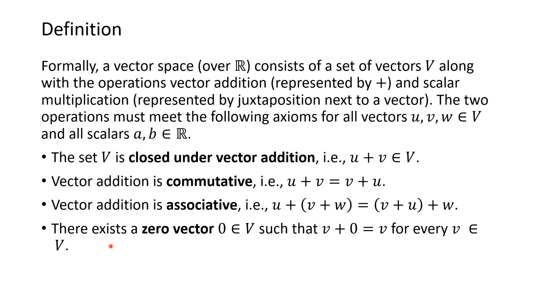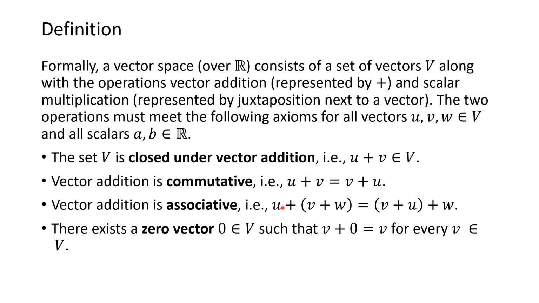So we have the first four axioms out of the total of 10 axioms listed here. First one is closure. So if you add two vectors from your vector space, you should get another vector that's in your vector space. Then it's commutative. So the order of addition doesn't matter, as you see here. For any two vectors in your vector space, u plus v equals v plus u.